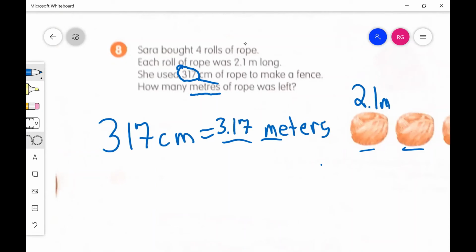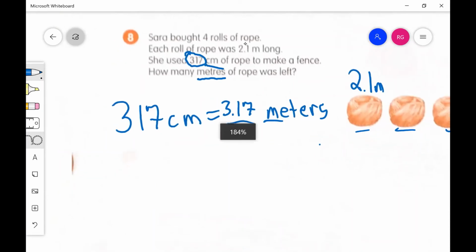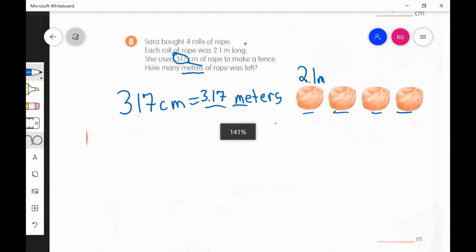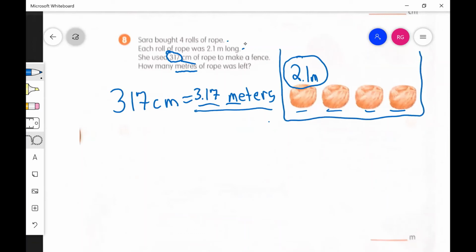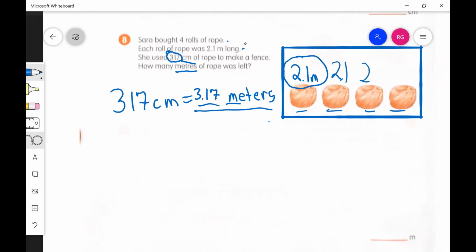Okay, so we could write 3.17 meters. All right, and do we know our total? How much did we start with rope? Was it 2.1 or what do we think there? Each roll of rope, there were 4 rolls. So that's how much she used already. This is how much she used, but how much total rope did we start with? Anyone have a guess?